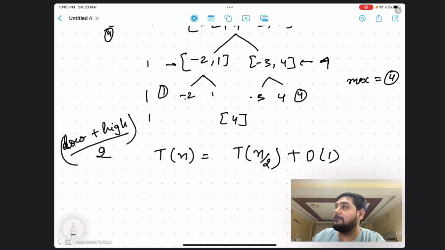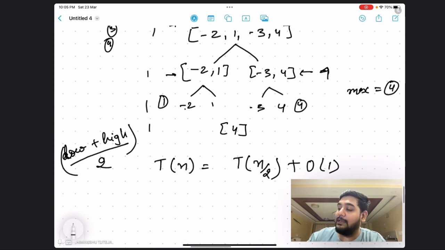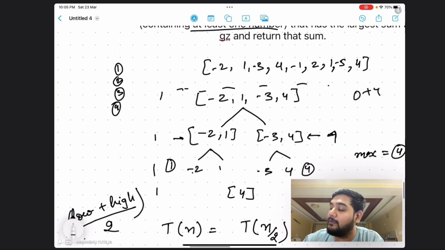So for the entire array, 0 and 4, 0 plus 4 divided by 2, we broke it at the element 2.